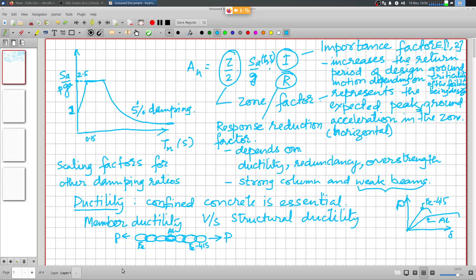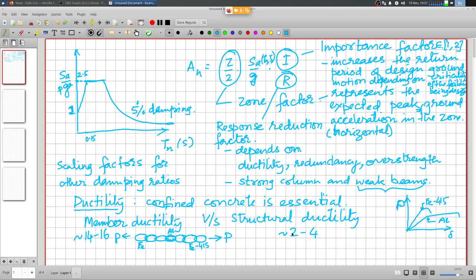So I need to look at the overall structural performance, the overall load deformation behavior of the total structural system. So you will find that usually the structural level ductility values are very, very small. You need member ductility of the order of 14 to 16 in order to get a structural ductility of the order of 2 to 3 or 2 to 4, right?